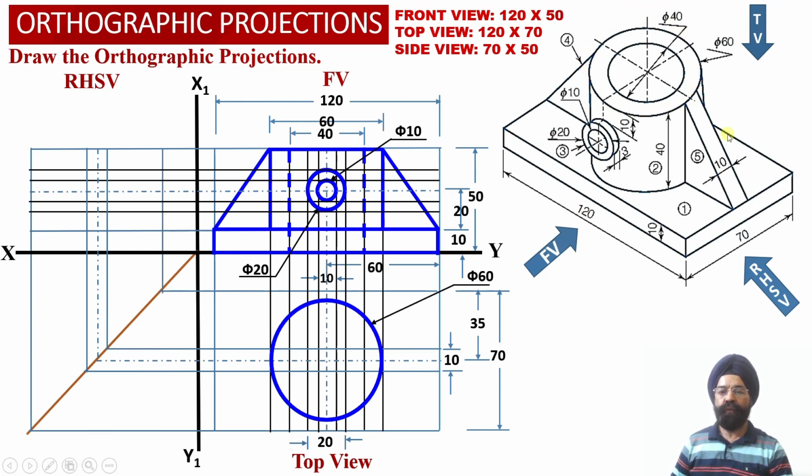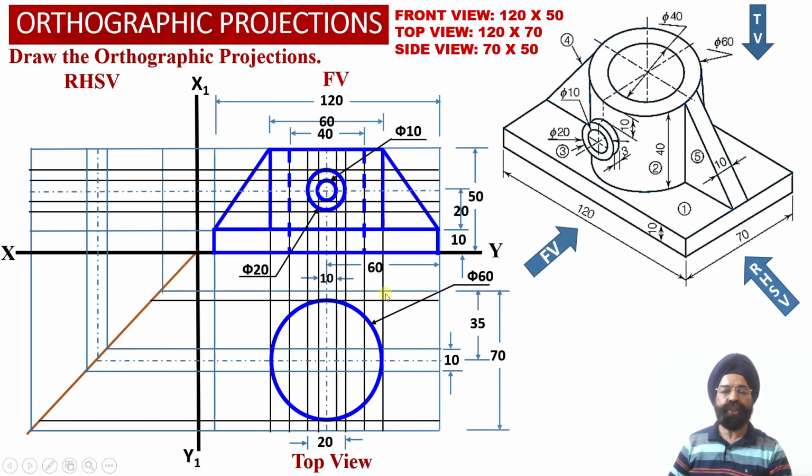Once we obtain the outer portion of this vertical hollow cylinder, we draw two black horizontal projector lines with an offset of 30 millimeter toward the rear surface and an offset of 30 millimeter towards the front surface of the solid.